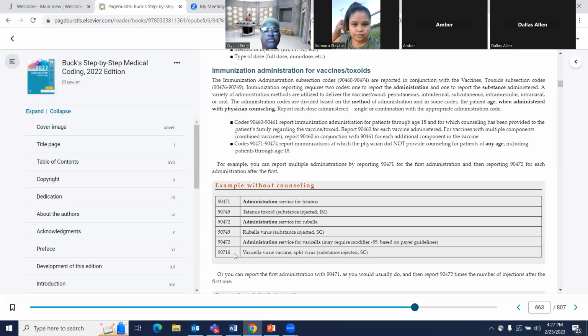So here are the 2 codes they keep showing. 90471 administration, 90749 the substance injected, 90472 administration service for rubella, 90749 substance injected, 90472 administration, 90716 varicella virus vaccine substance injected.